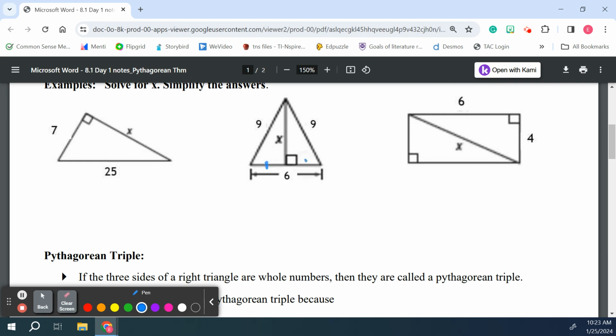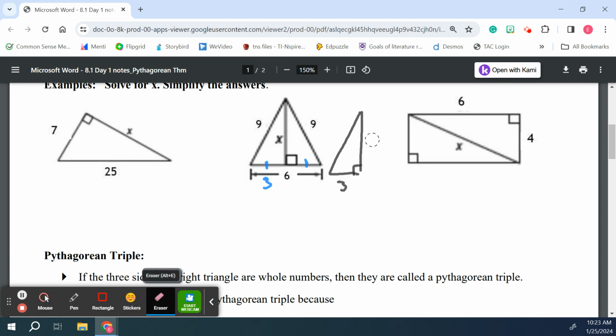So this part is congruent to this part, leaving this with 3 as our answer. So if I redrew this triangle, I would have 3, this would be x, and then this would be 9. And again, the 9 is my hypotenuse, so that's my c value. So this is c, I can make this a and this b, it doesn't matter.